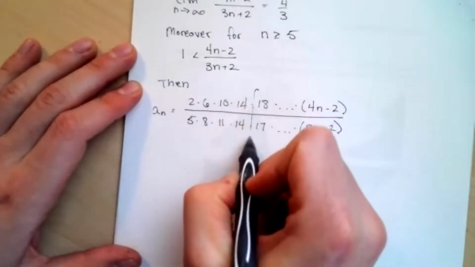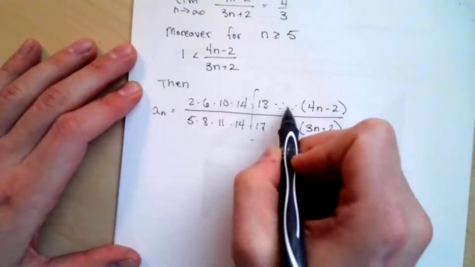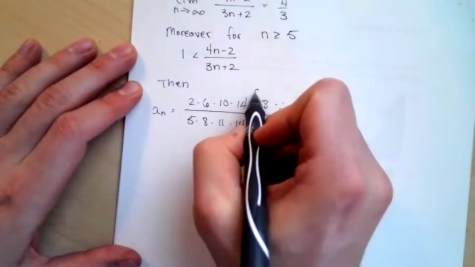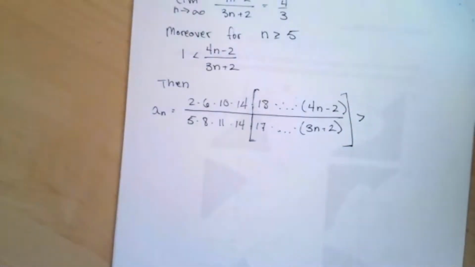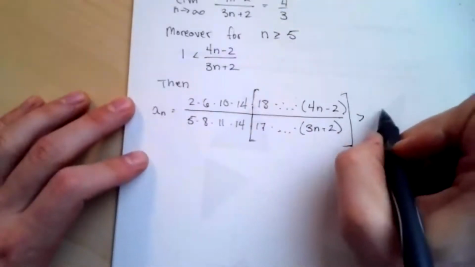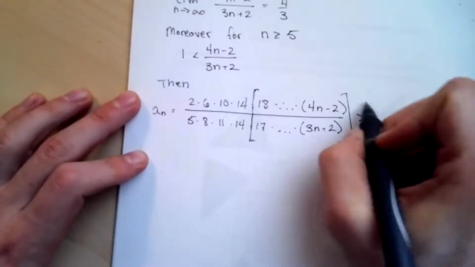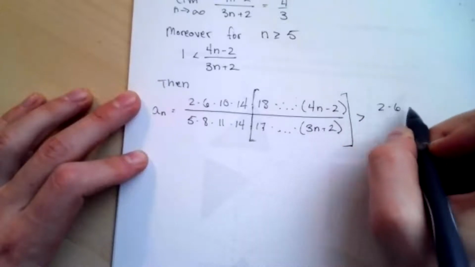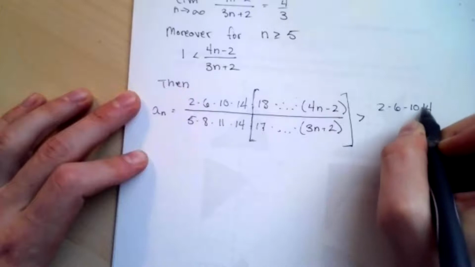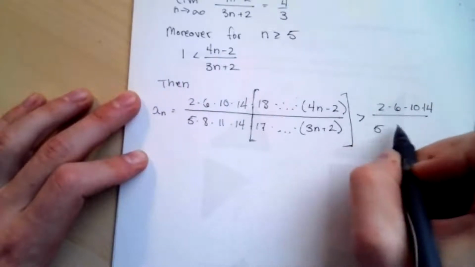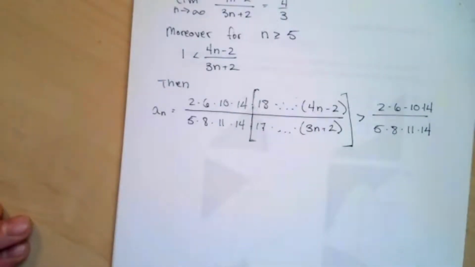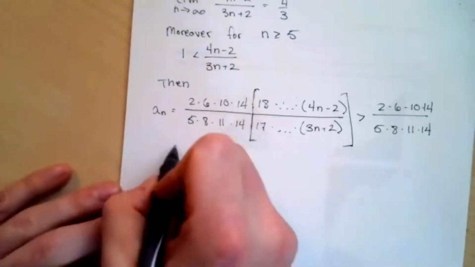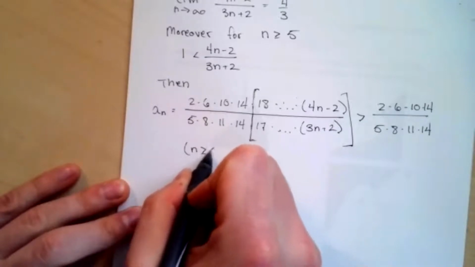We know that each of these terms, 18 over 17, whatever the next one is, each of those are bigger than 1. So we could say it's bigger than 2 times 6 times 10 times 14. And this is, of course, for n bigger or equal to 5.